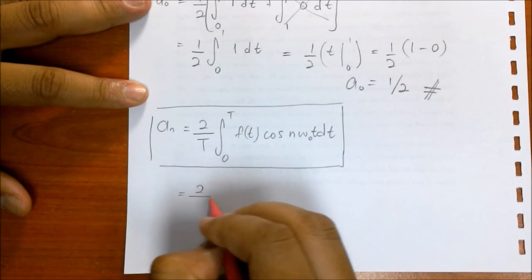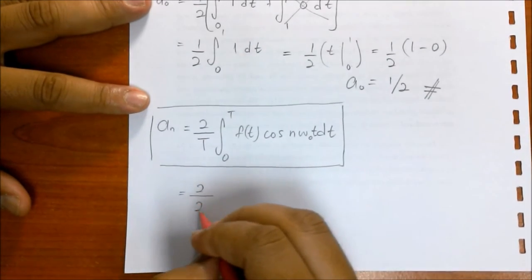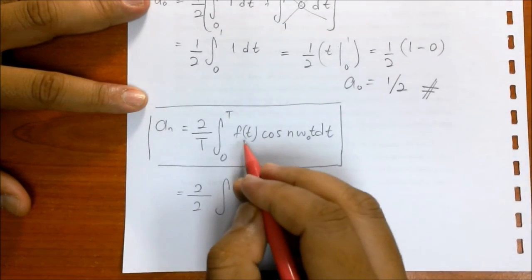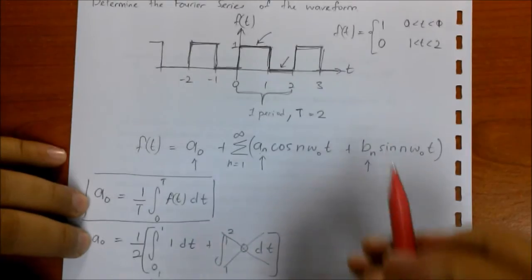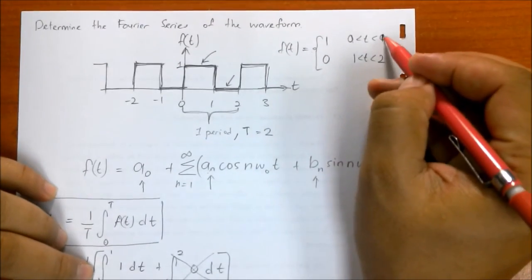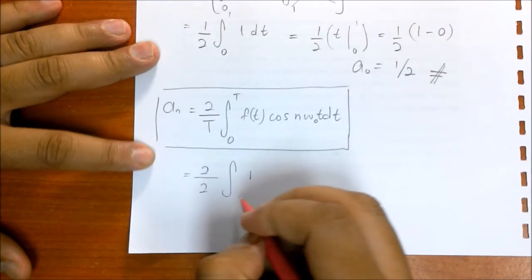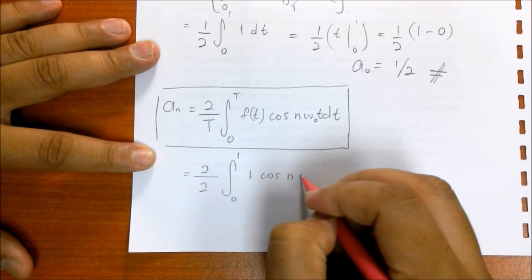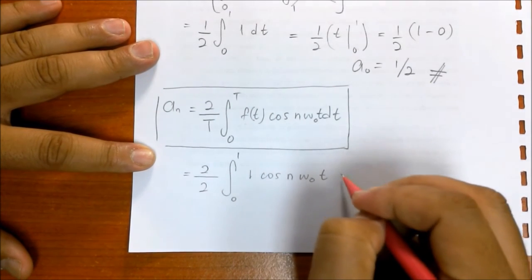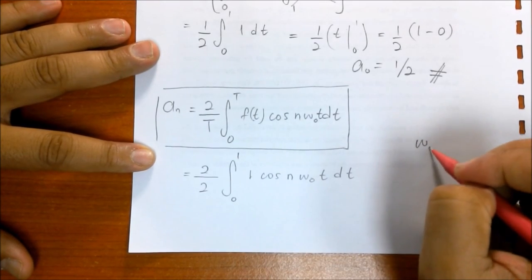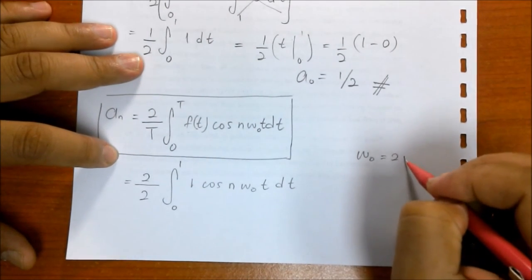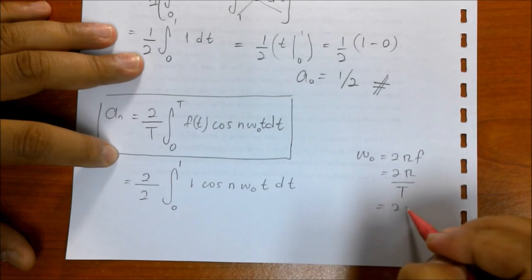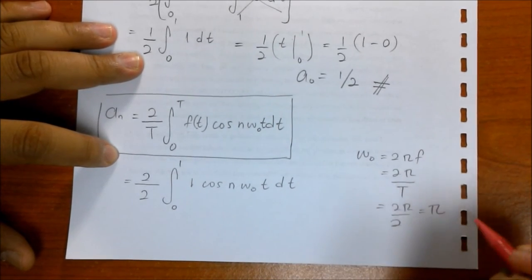We can try to complete this equation. T is 2, integration of, in this case f(t) is 1, which is from 0 to 1. So from 0 to 1, f(t) cos n omega naught t dt, and in this case omega naught is 2 pi f, or 2 pi over T, or 2 pi over 2, which is pi.